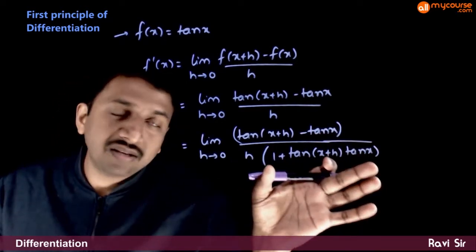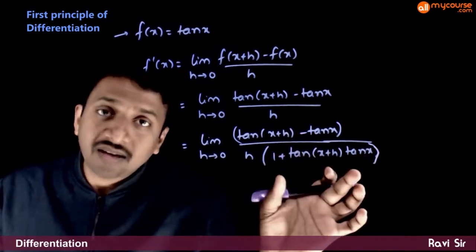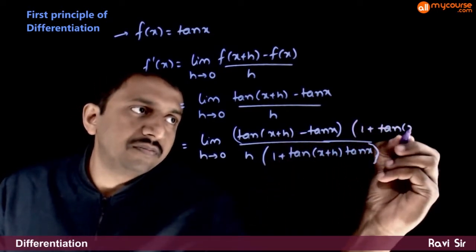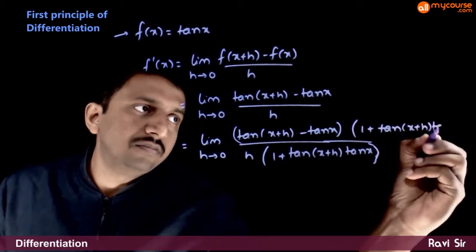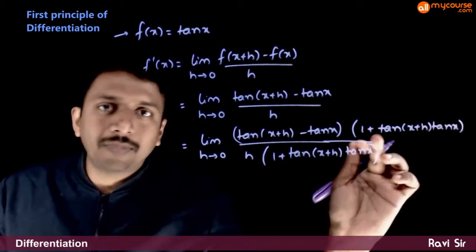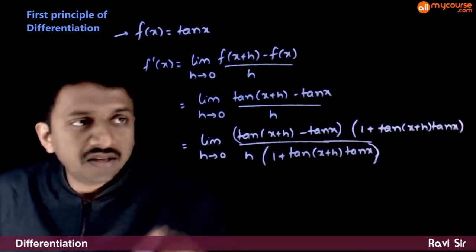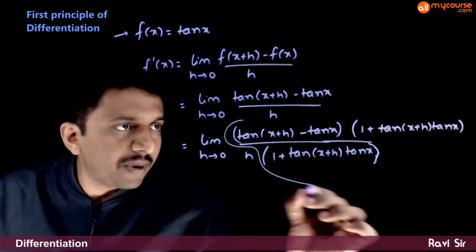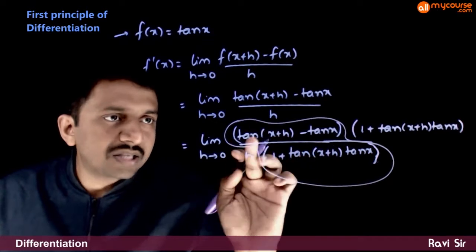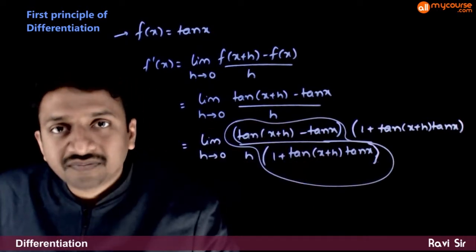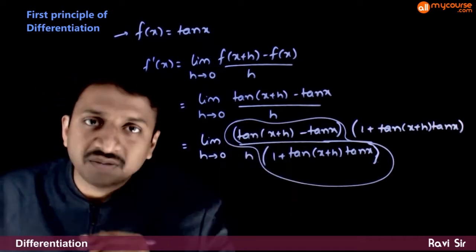I'm dividing with this expression, so I'll multiply the expression also. As you can see, this part looks like tan a minus tan b by 1 plus tan a tan b. That is nothing but tan of a minus b.